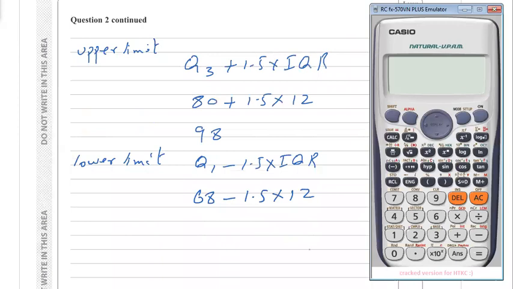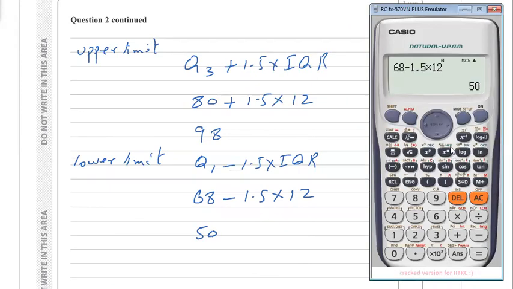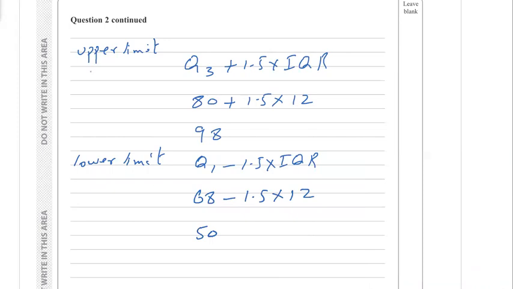So it will be 68 minus 1.5 times 12, which is 50. Let's calculate again: 68 minus 1.5 times 12. Yes, it is 50.